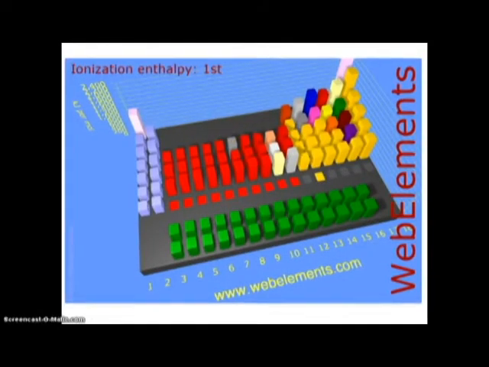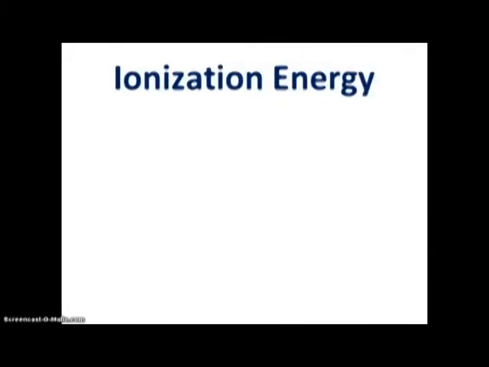Here's an image kind of showing what we're going to talk about next, and that's ionization energies. And ionization energy, if we look at the word, you can see the root word is ion. This is one of those terms that you need to always remember, but oftentimes most students forget. Does anyone know what an ion is?